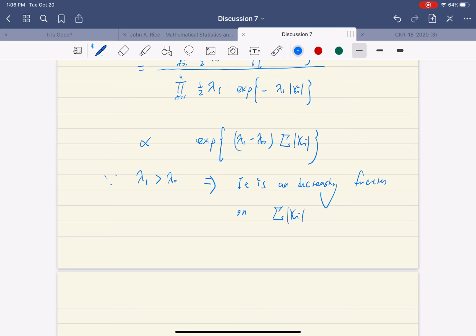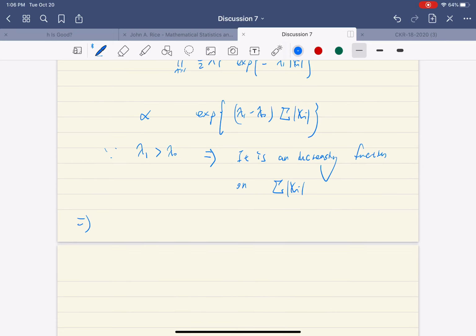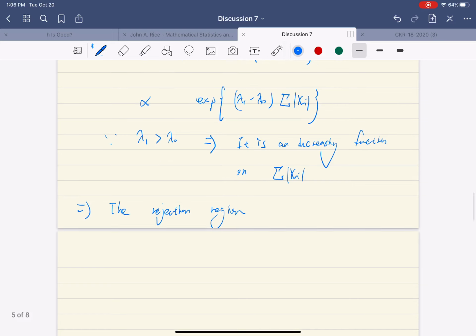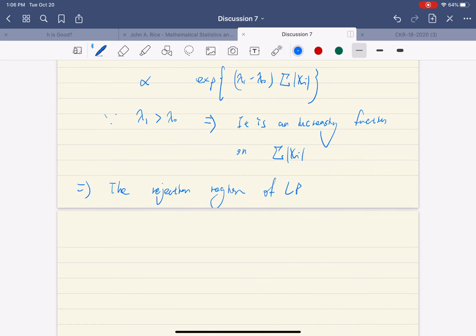And that means the rejection region of the likelihood ratio test is equivalent to this being greater than this.